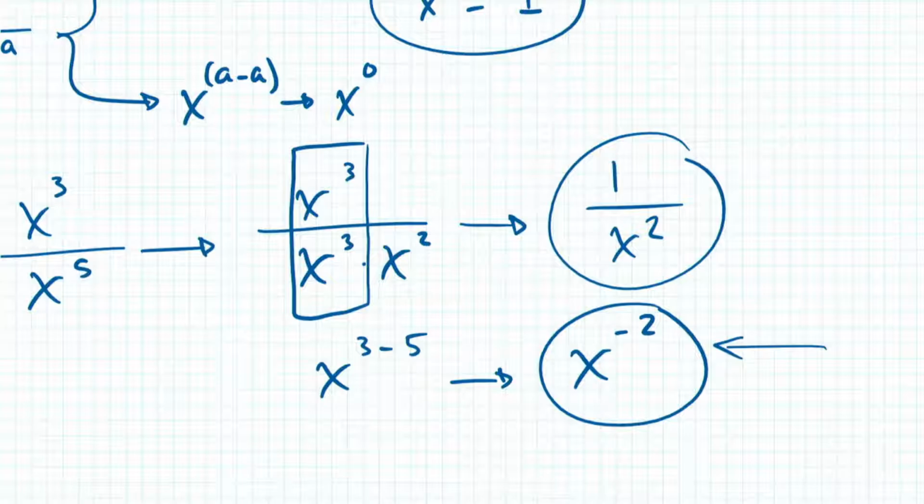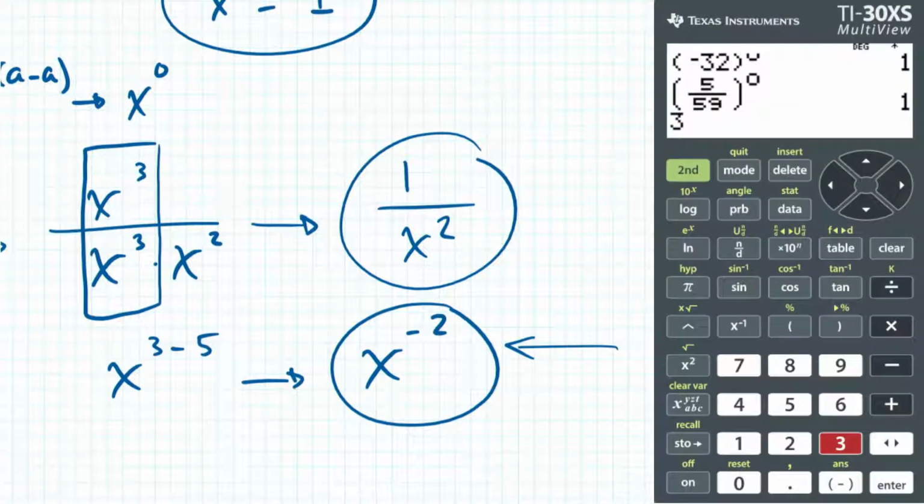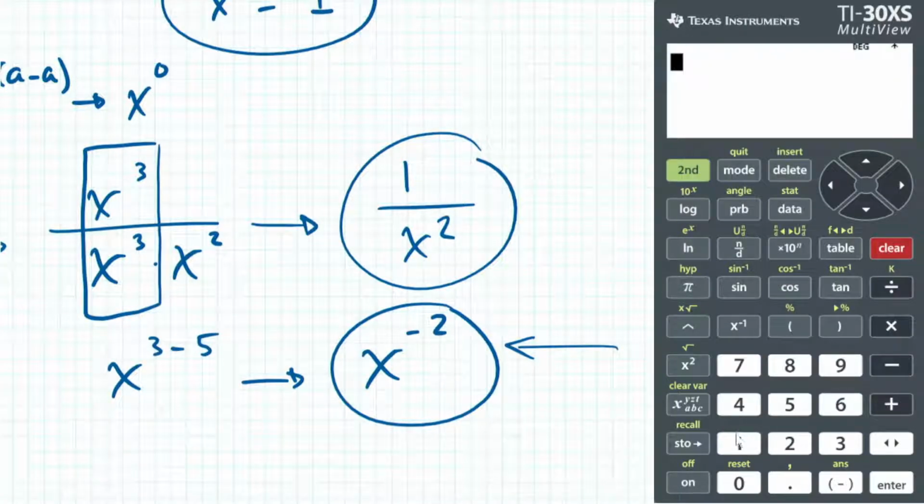Again, we looked at some examples of this on our calculator. Here's our calculator. If I have, for example, 1 divided by 3 raised to the power of negative 2, this is equal to the number 9.